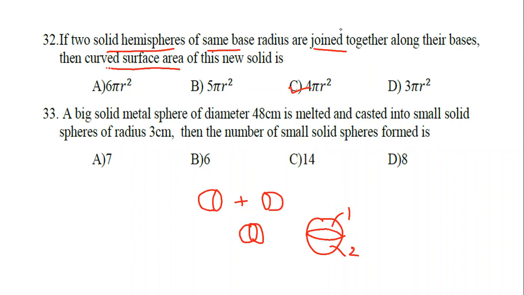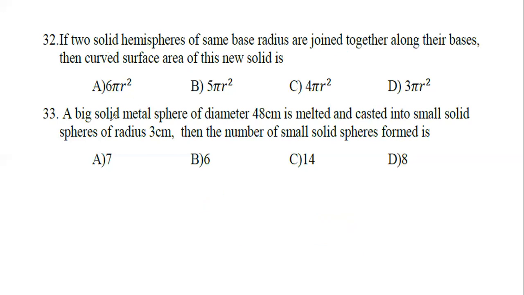Okay, next sum. A big solid metal sphere of diameter 48 centimeter. Here they have given the diameter, don't get confused. Then what is the radius?